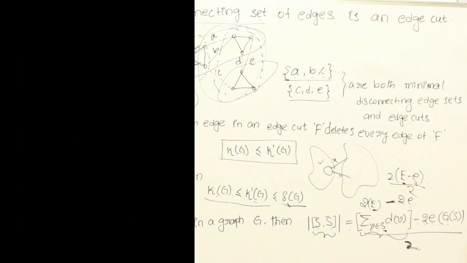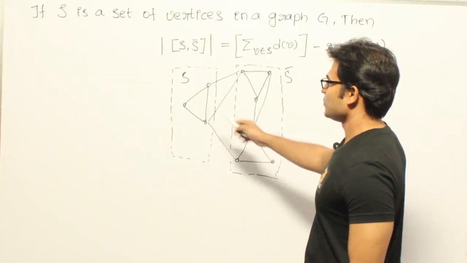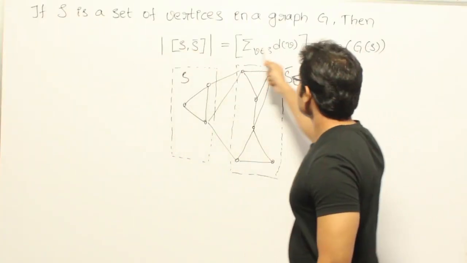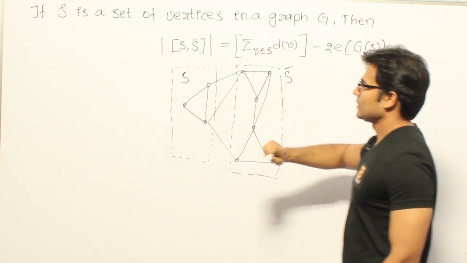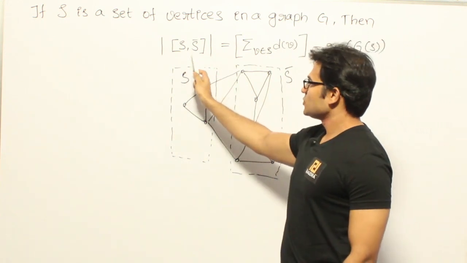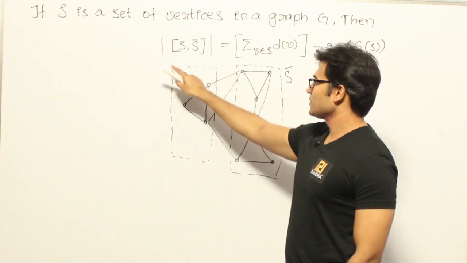Okay, fine. Now let's see this point. If S is a set of vertices in a graph G, then the number of edges which are present in this edge set. So see, what is this representation?